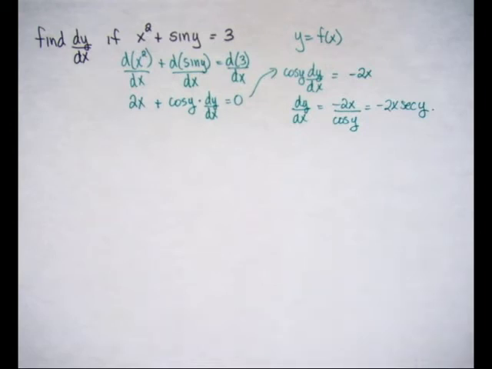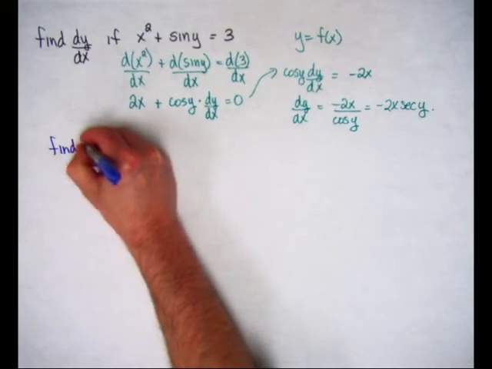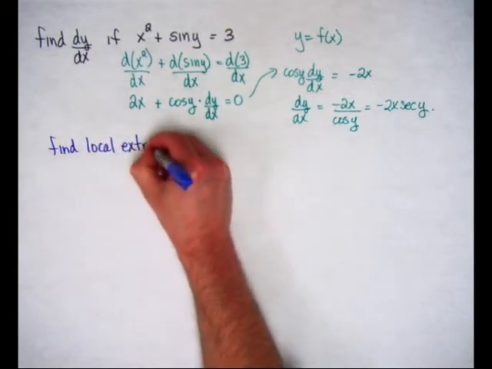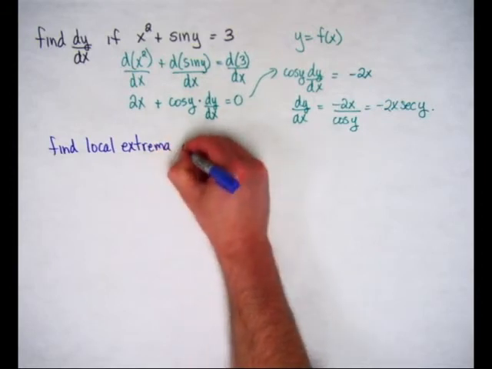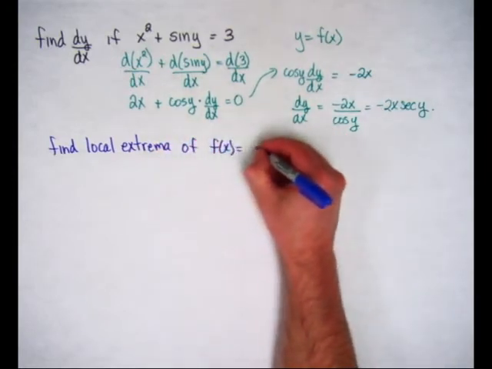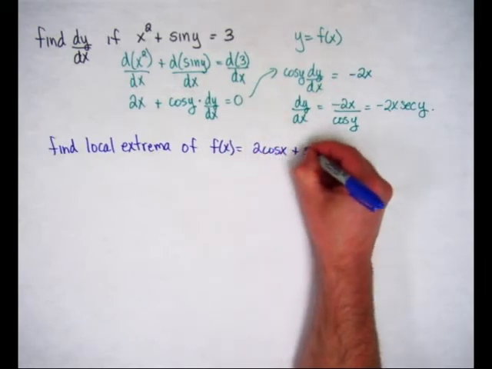Another application that we spent some time on was curve sketching, where we had to find extreme values. So I'd like to do an example that says, find the local extrema, the max-min values, of the function f of x equals 2 cos x plus x.